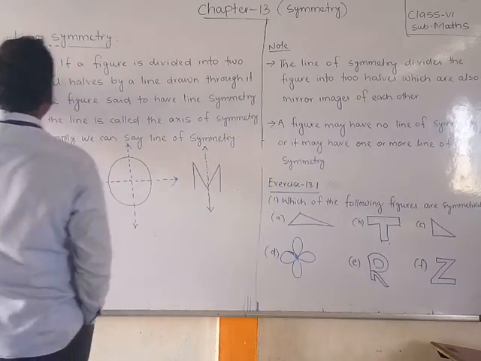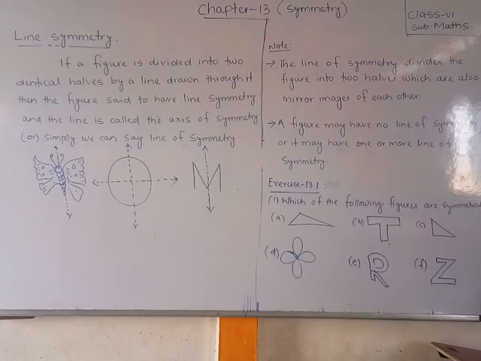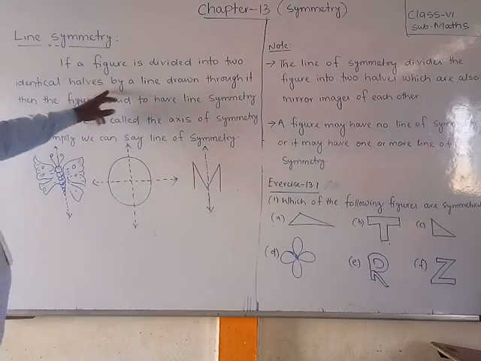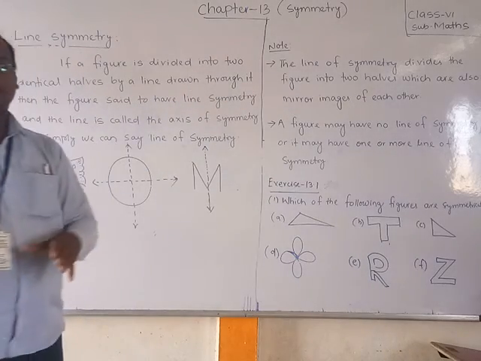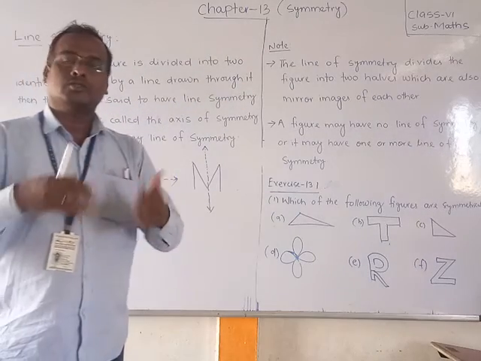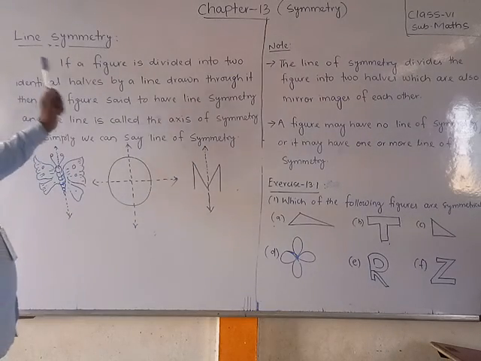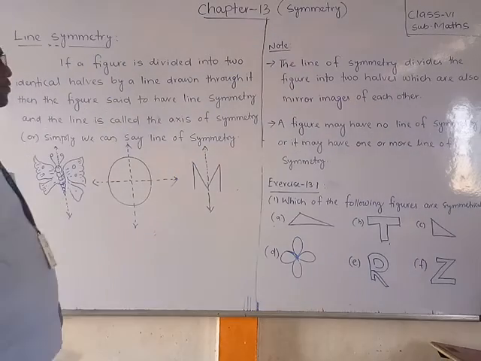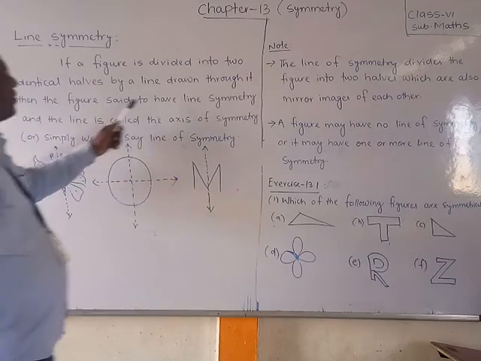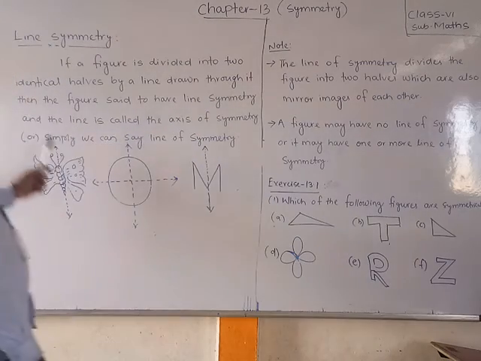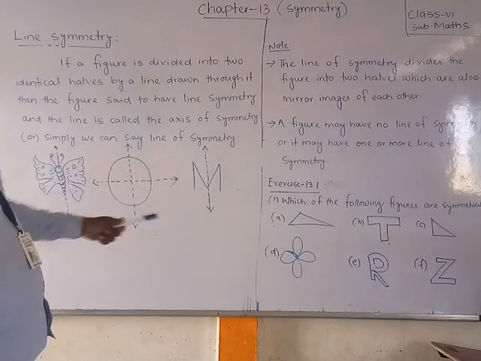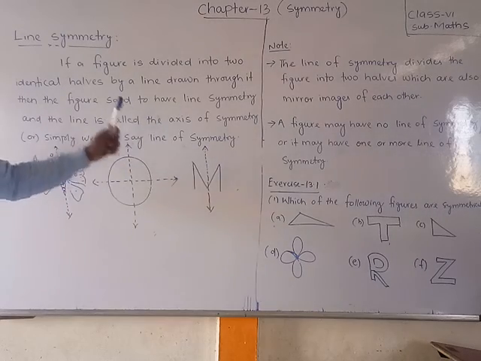If a figure is divided into two identical halves, two equal halves, by a line drawn through it, we draw a line and fold, then the figure is said to have line symmetry, and the line is called the axis of symmetry, or simply line of symmetry.